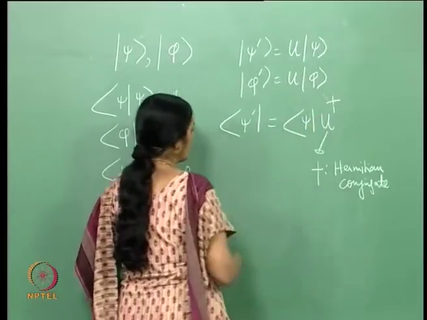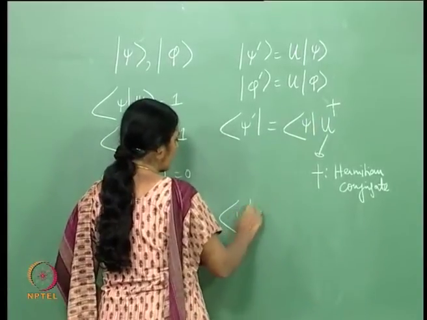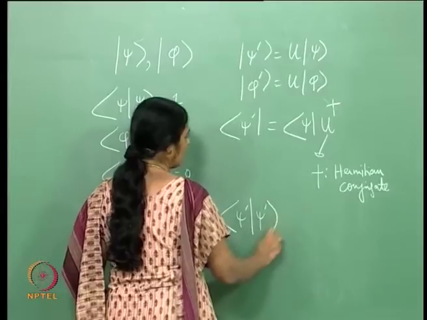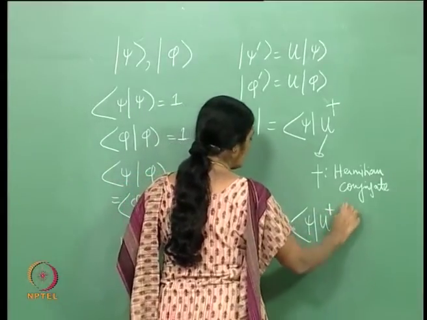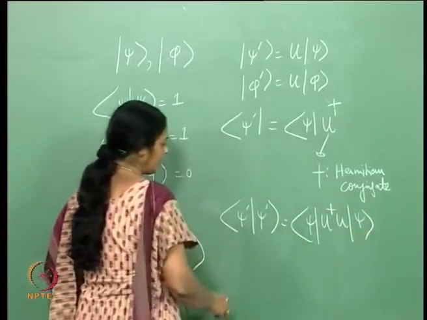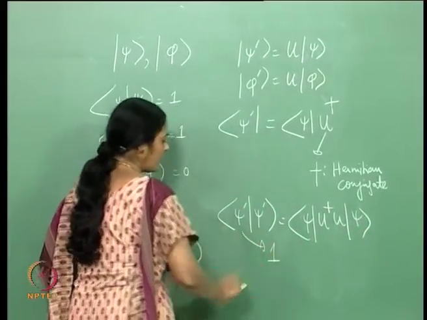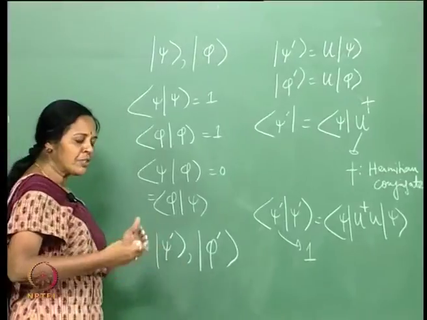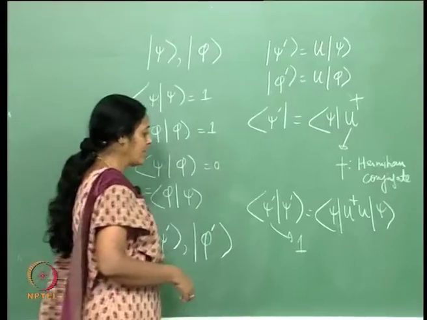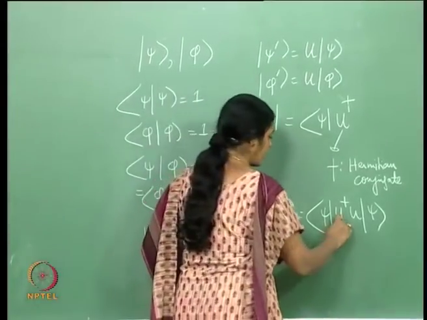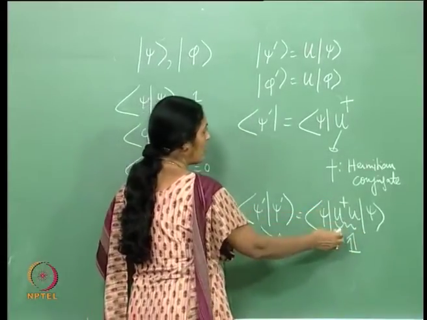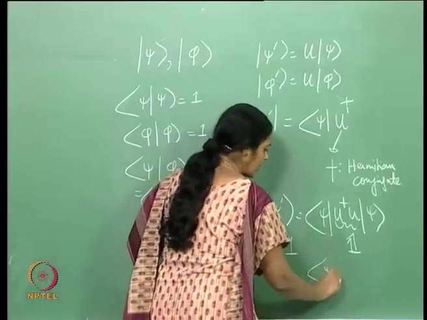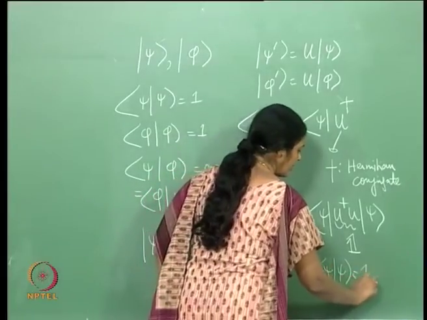So, that is U dagger. So, what is psi prime psi prime? This is the same as psi U dagger U psi, but psi prime psi prime is again 1. I went from one orthonormal basis set to another orthonormal basis set. It is clear therefore that U dagger U is 1, because I know that psi psi is 1.